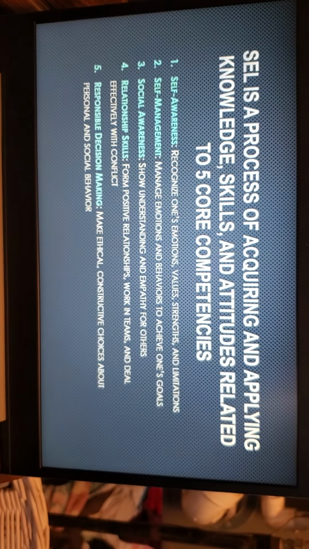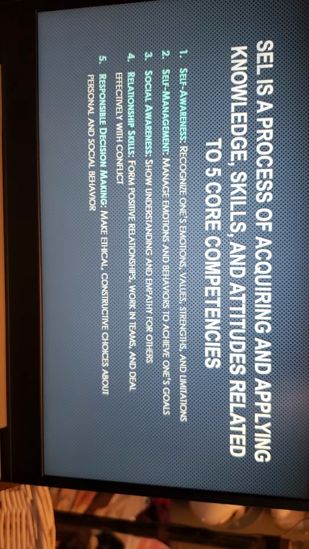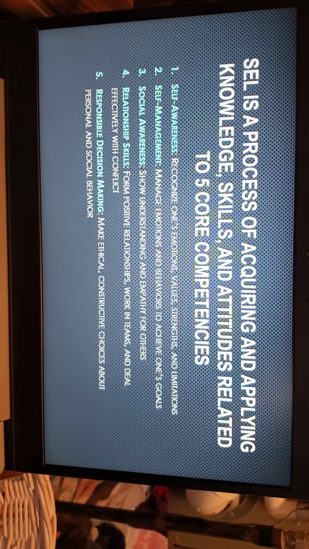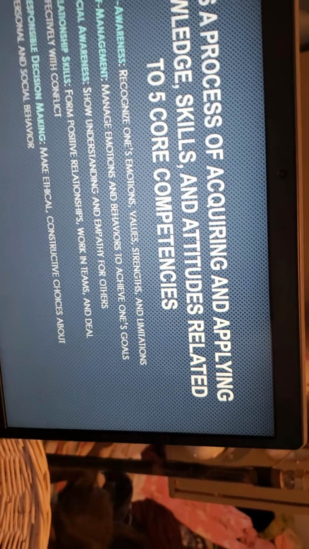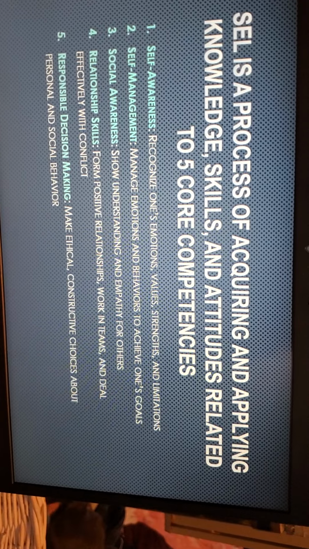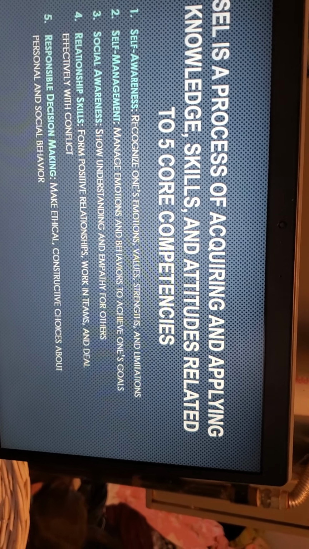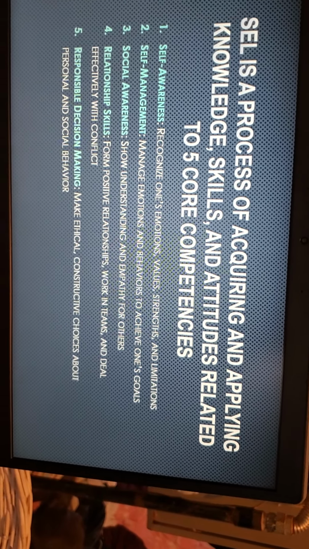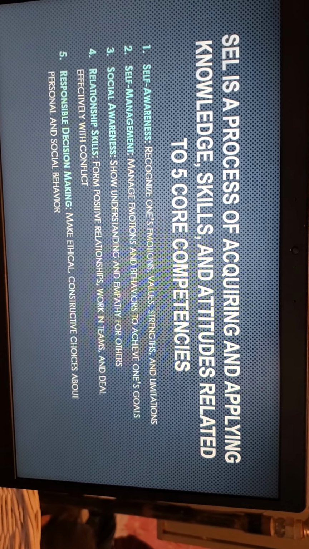So, as they said, SEL is a process of acquiring and applying knowledge, skills, and attitudes. The website on the resource page has everything and started a lot of this.